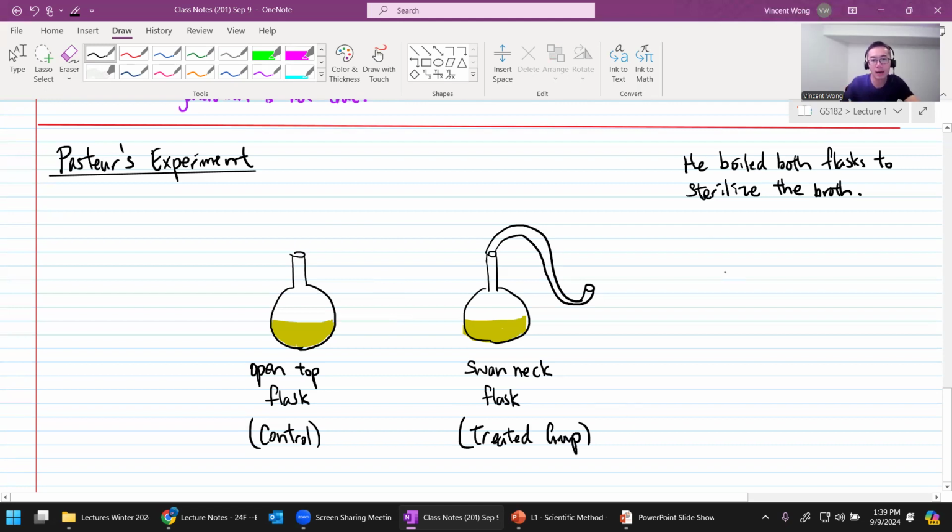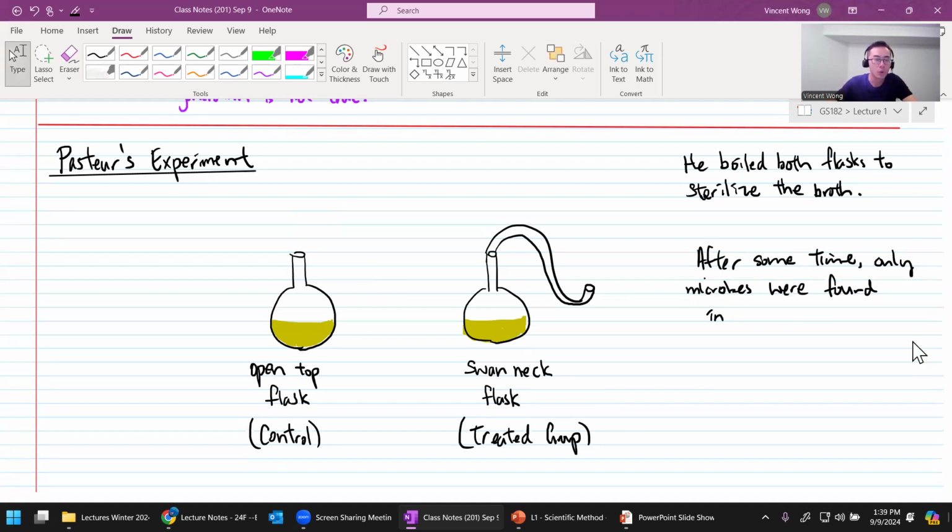And so after some time, I don't know if it was a week, only microbes were found in which flask do you think there will be microbes, in the open top or in the swan neck? Open top. Yeah, in the open top flask. Very good.